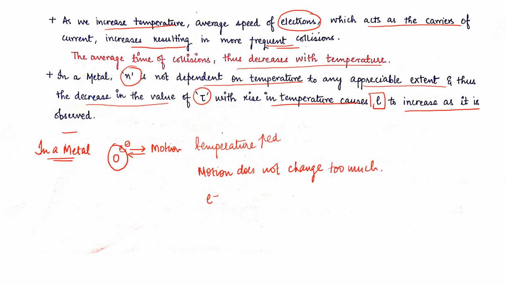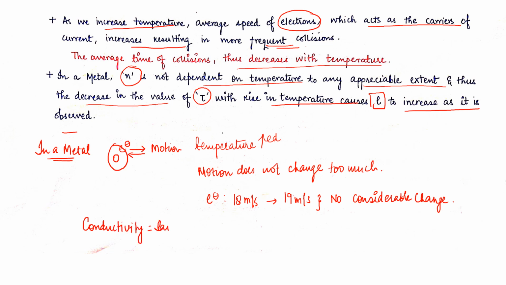In case this electron is moving with a speed of 18 meter per second, it may move with 19 meter per second, but not more than that. So there is no considerable change over here. So our value of resistance is not changing. The conductivity in such a case is the same, or almost constant.